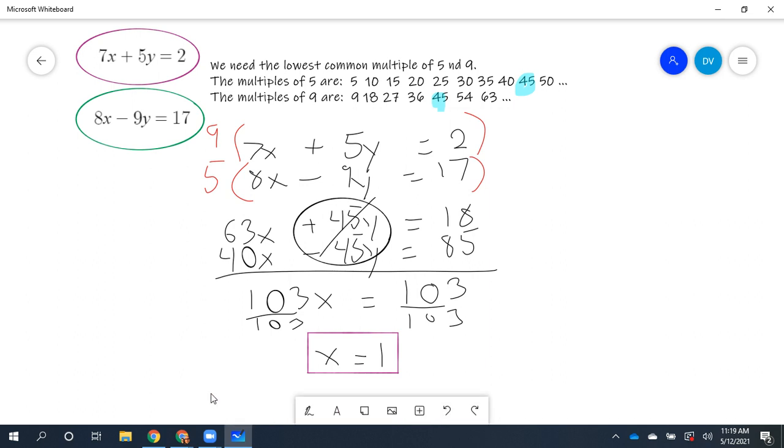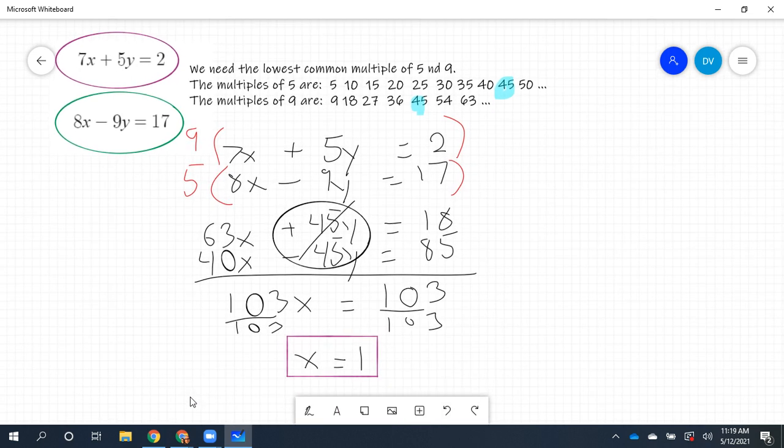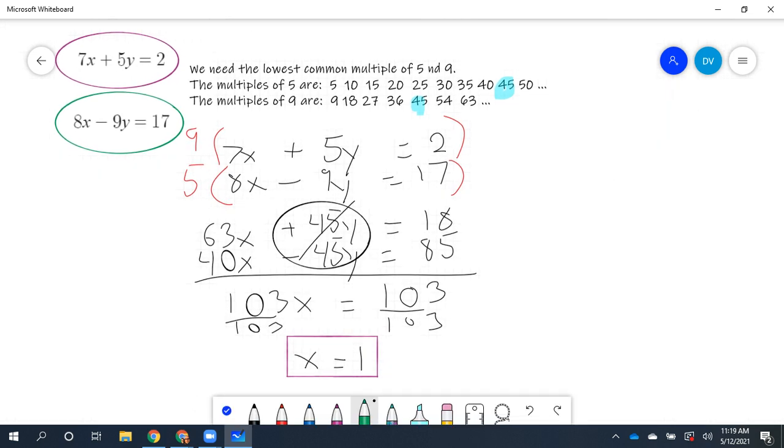So I'm going to write that equation that I circled in purple, but watch how I write the x. I'm still going to write 7x, but I'm going to put the x just for a moment in parentheses. Plus 5y is equal to 2. Now, we just said that x was 1, didn't we? So I'm going to erase the x and replace it with the number 1.